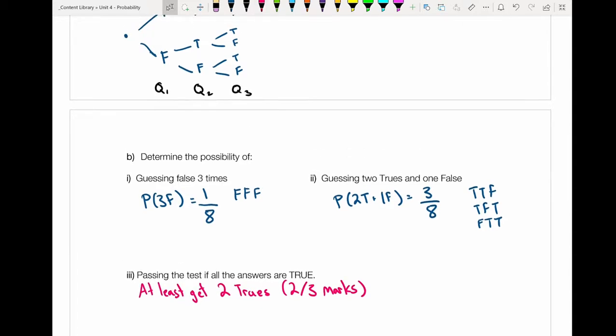So now we have to see how many pathways there are where we get at least 2 trues.